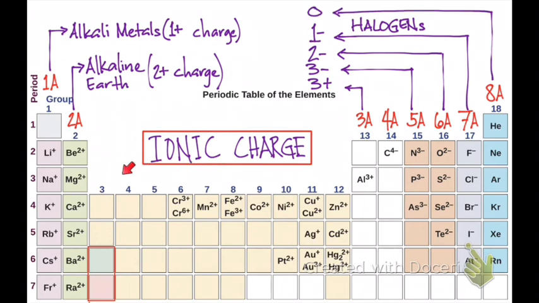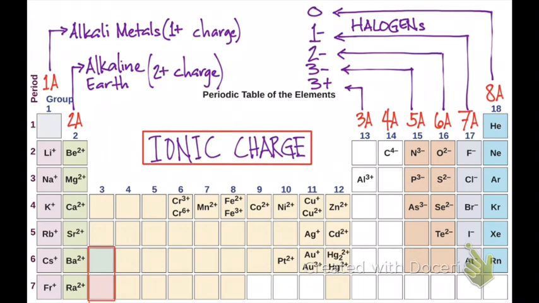These transition metals that are in the middle of the periodic table can also have an ionic charge because they are metals. Metals tend to lose electrons, and so they gain a positive charge. But they're not as predictable compared to the main group elements. So that's one of the physical and chemical properties that are unpredictable for transition metals.